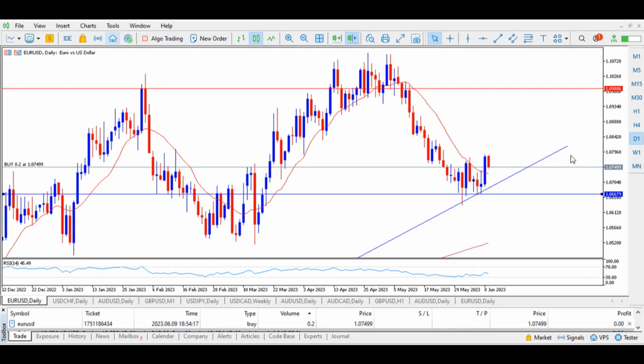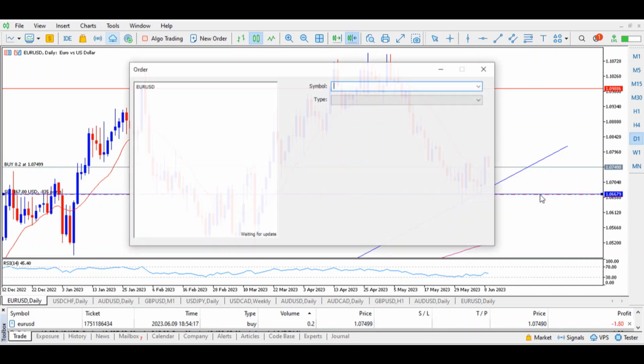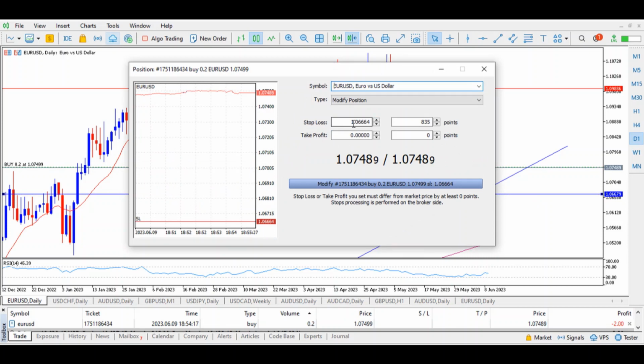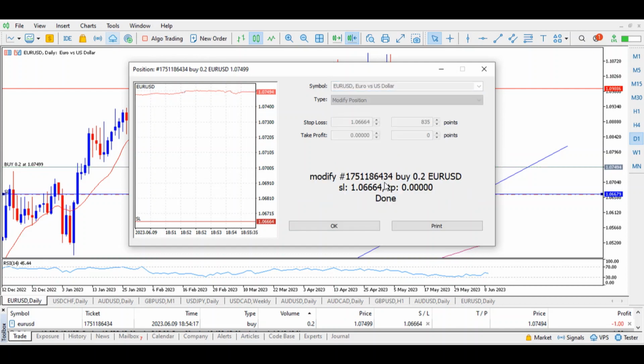I will bring the cursor on the buy level, and the drag to modify option will appear. Then I will drag down the buy line up to my stop loss or closest resistance. Then the modification box will appear, and it shows that my stop loss is already taken. I will click on modify and then OK.